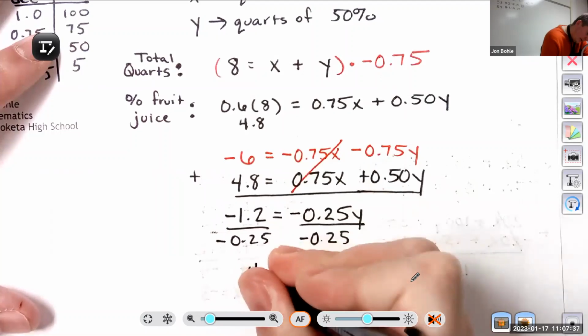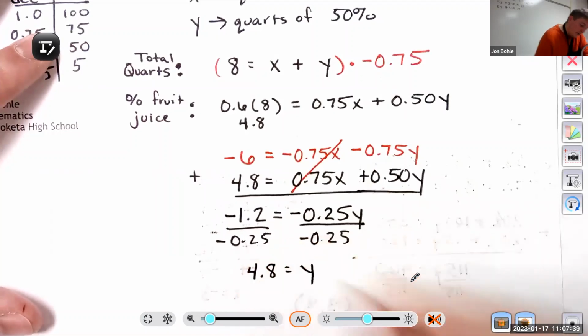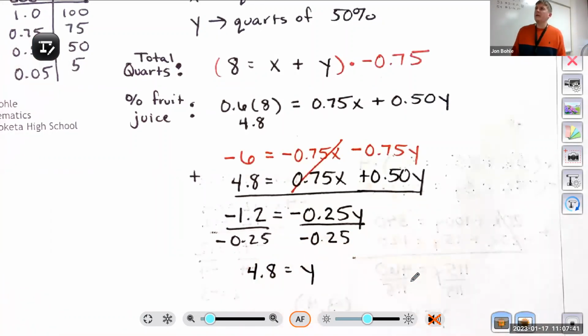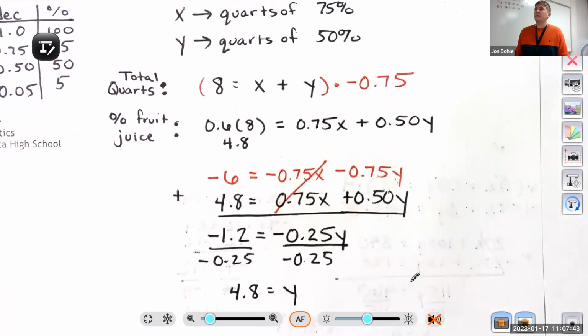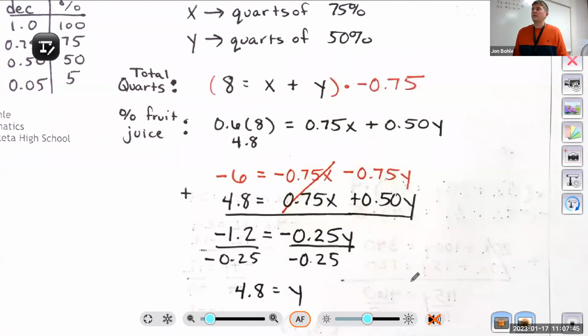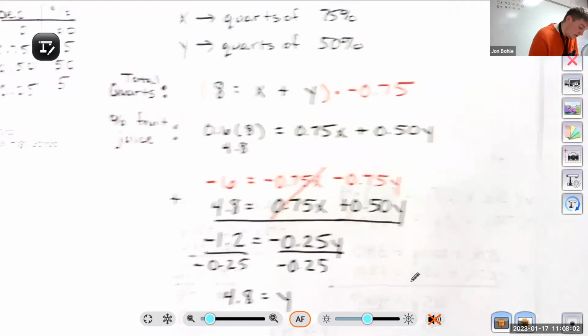So you get 4.8. What does 4.8 is equal to y mean? I need 4.8 quarts of 50% fruit juice. So then I take that and I plug it back into the other equation.